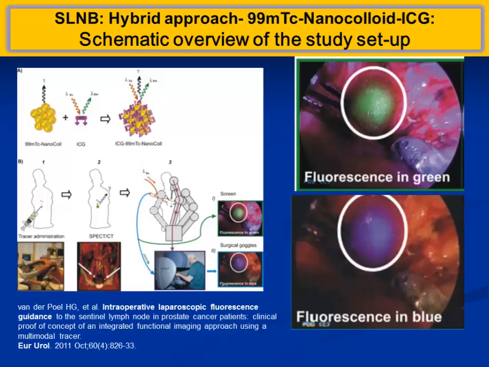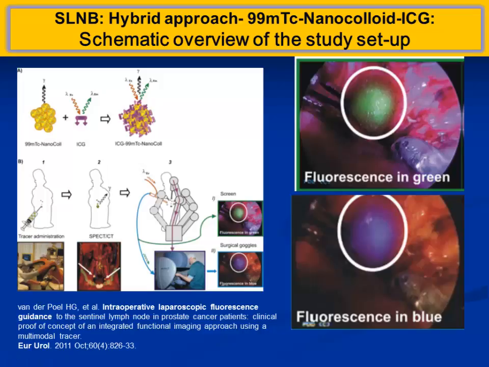So we inject them together, we do SPECT CT, with a probe they find exactly where it is, you open the region of interest, and we place the fluorescent camera there, and it comes as green lights. So with this they can see the node as well as hear the node. Seeing is better than hearing, according to the surgeon.